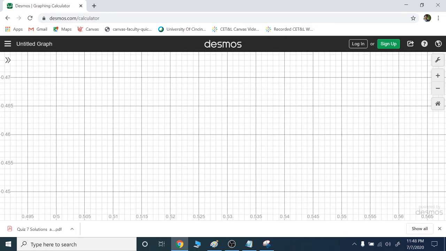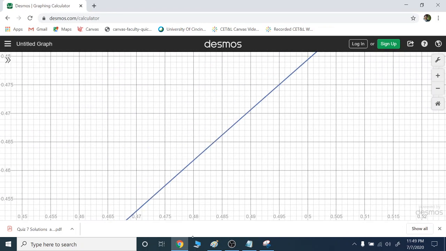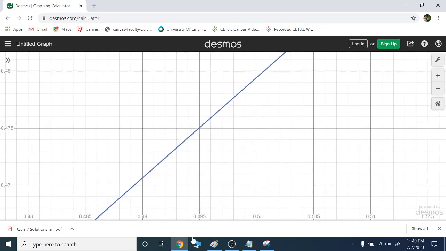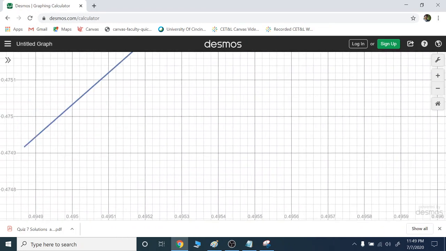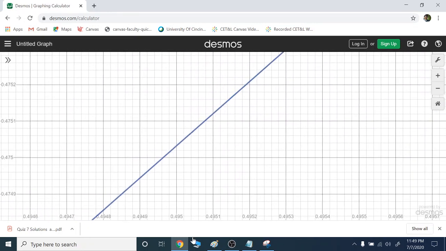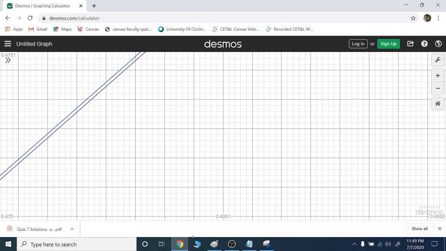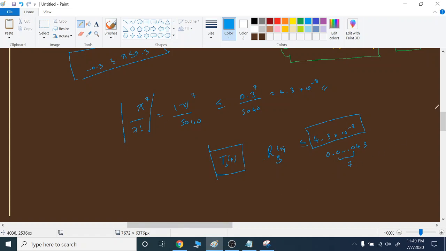Okay, now I lost the track. See, still you don't see any difference. Not yet. Now you can see a difference, right? See, you will have to zoom quite a lot to see a difference between the two graphs, right? So it's a pretty good accuracy, right?